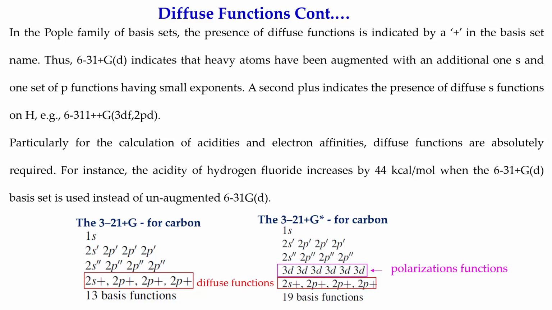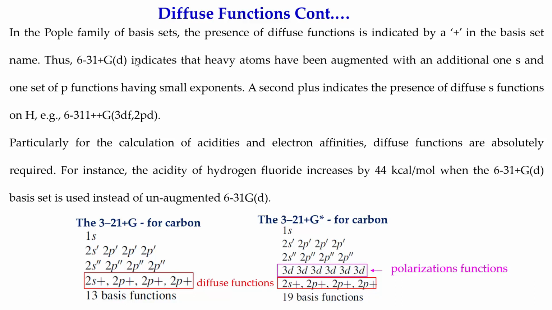So 6-31+G(d) indicates that this d means, let me explain one more time, that this d means 1 star. Either you can write this as d or 1 star, or d,p meaning either a double star or d,p. You can use both symbols.